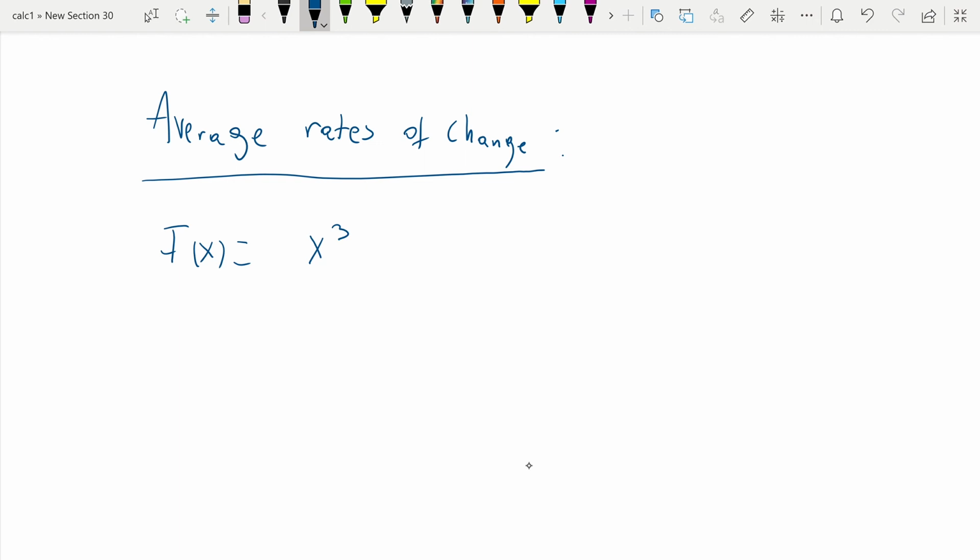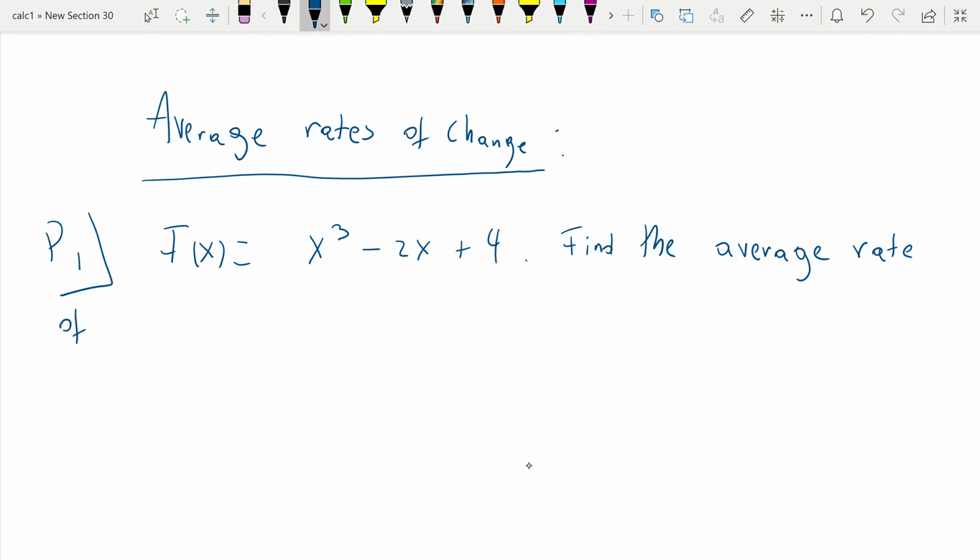Suppose you're given the function, say, x cubed minus 2x plus 4, and suppose that you're asked to find, so this is going to be problem 1 for now, the average rate of change of f, of this function, over a given interval.